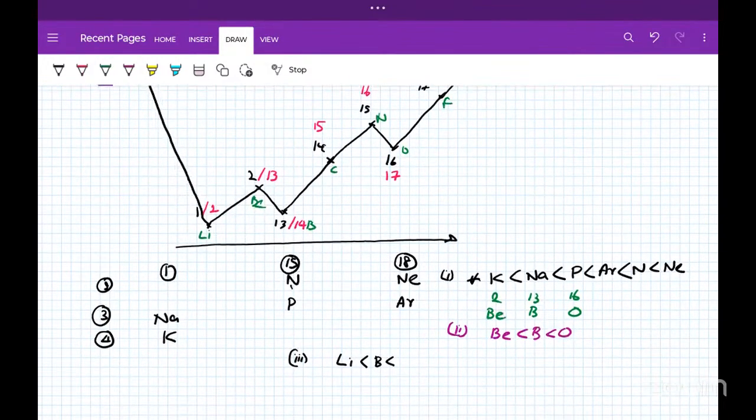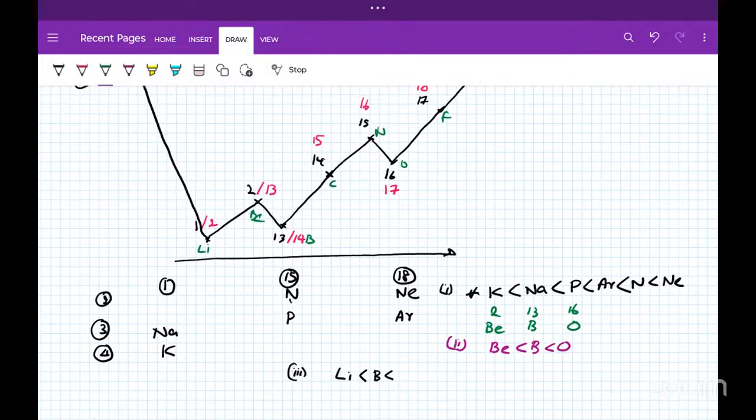So the trend should be lithium, then boron, because the 13th group is less than the second group. Then comes beryllium, then carbon, then oxygen, because it is less than the 15th group, then nitrogen, then fluorine. So this should be the answer for the third one.